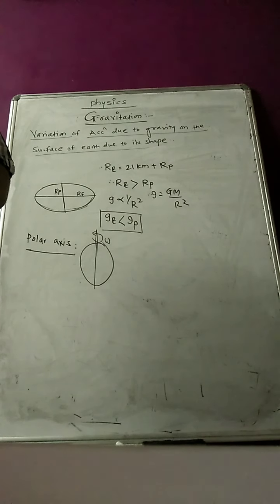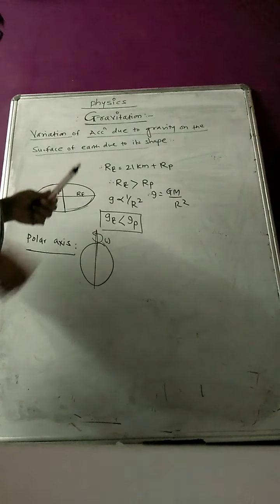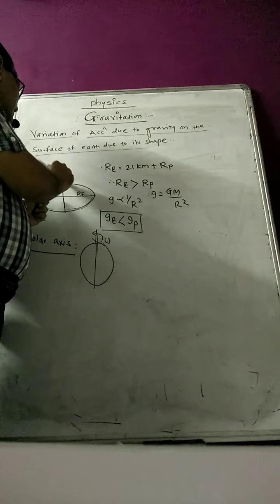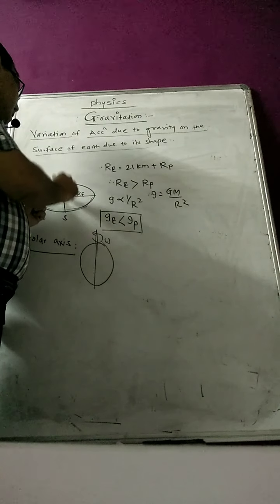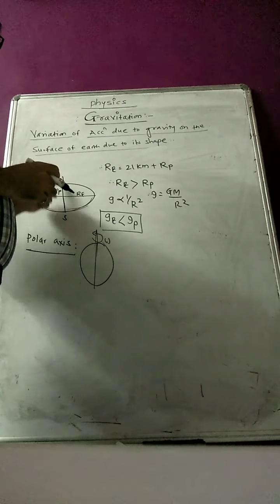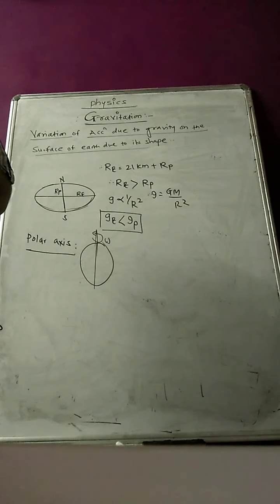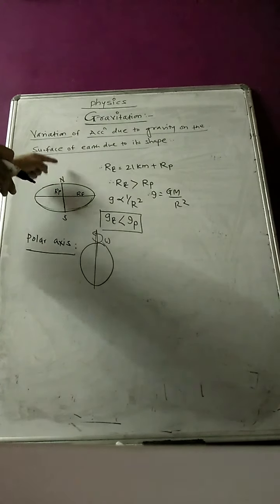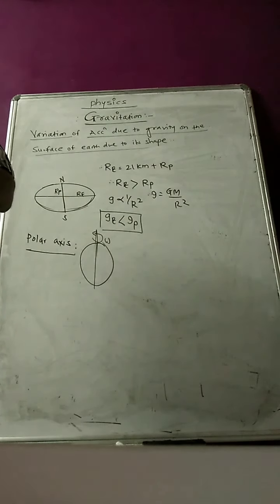The polar axis is the axis passing through the north and south poles of the earth, around which the earth revolves.